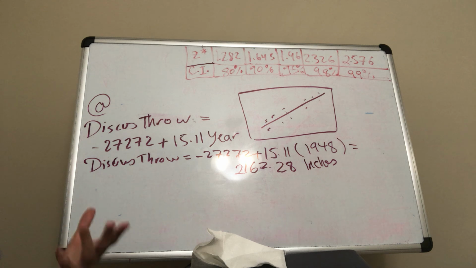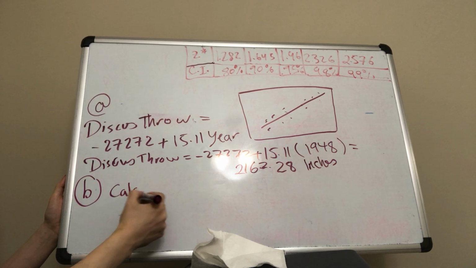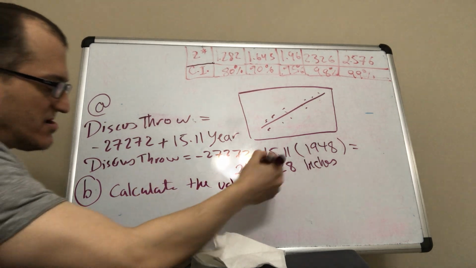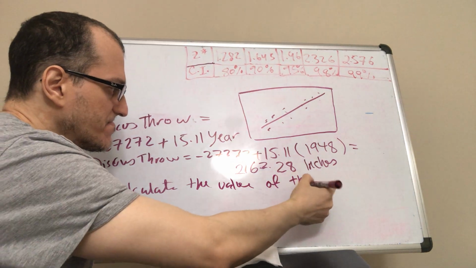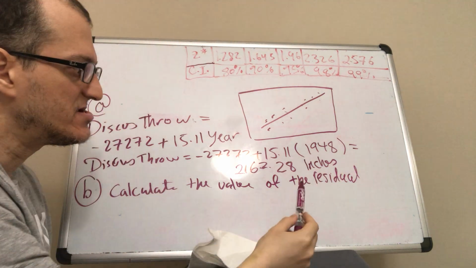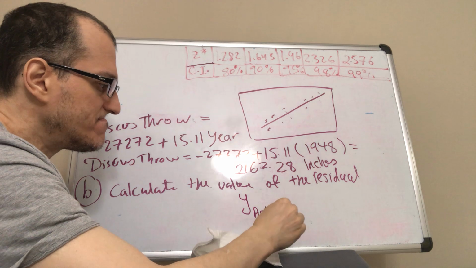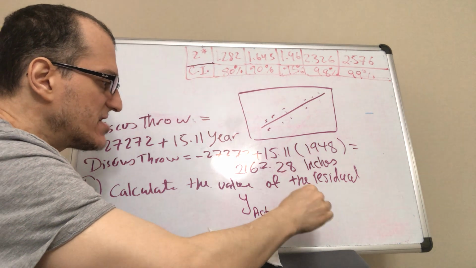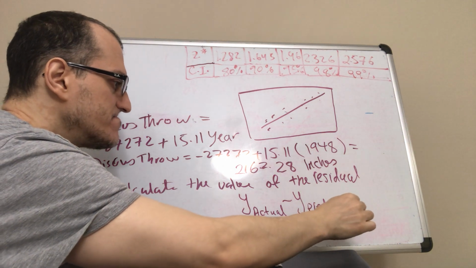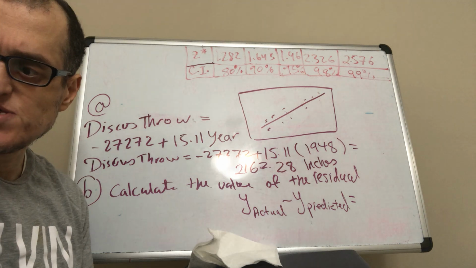Question B: calculate the value of the residual. Residual is always y actual minus y predicted. The actual would be what you see in the table.